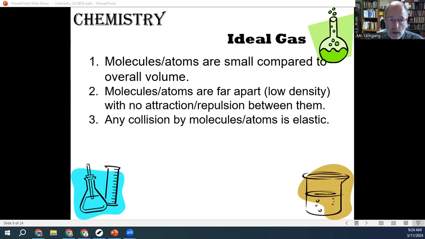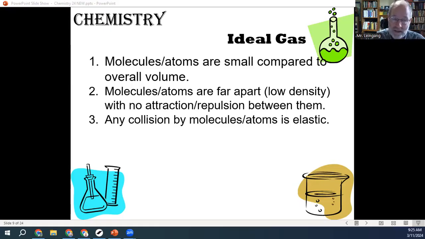But we have to remember that those molecules are super, super small. As long as the size of the molecules is small in comparison to the overall volume of the gas, the gas will behave what we call ideally.